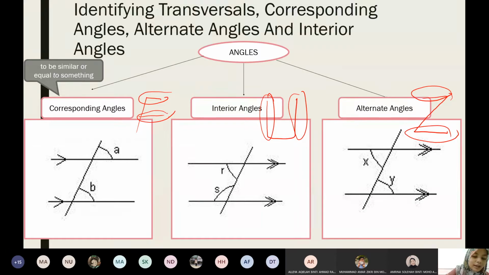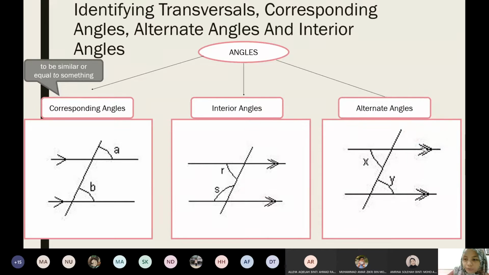Okay, parallel lines kalau kita tengok dekat sini are shown by using arrows. Bila kita ada arrows, itu maksudnya dia adalah parallel. So kalau dia tak ada arrows, kita tak boleh assume dia adalah parallel unless the question tell us it is parallel.